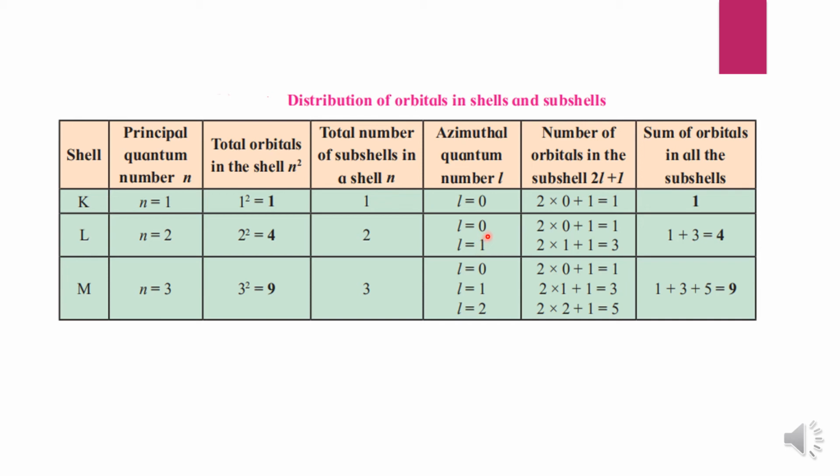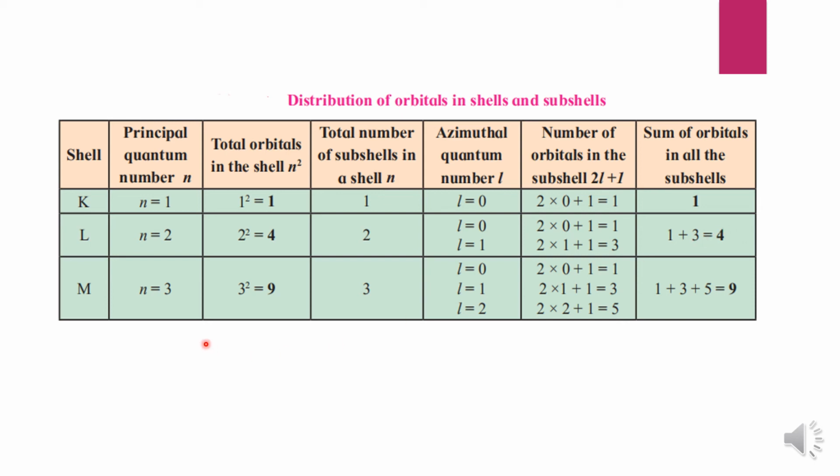For L equals 0, we have 1 orbital according to the formula 2L plus 1, and for L equal to 1, we get 3 orbitals. In total, we have 4 orbitals present in the L shell.